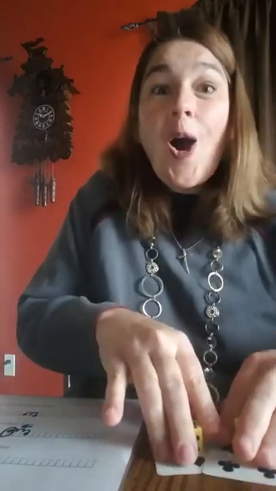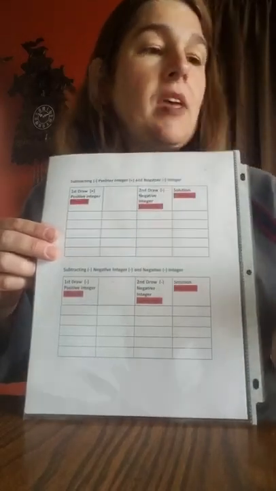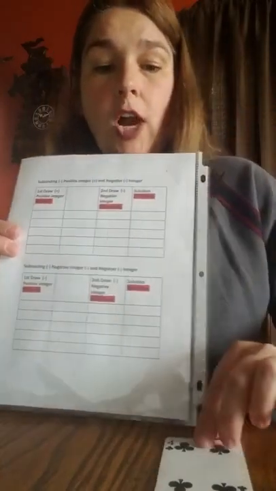Now, on to our negative subtracting. Because I got this answer right, I add these 2 cards to my winning pile. All right. My sheet tells me I'm going to first draw a positive integer. 4.